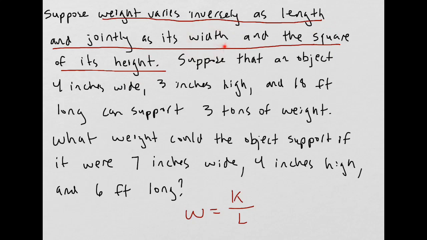I don't want to use W for width because I already used W for weight, so I'm going to use D for width. I'm going to write height as H, and since it's the square of the height, I'm going to write that as H squared. Okay, so we finished our first step, which is just to write a formula.